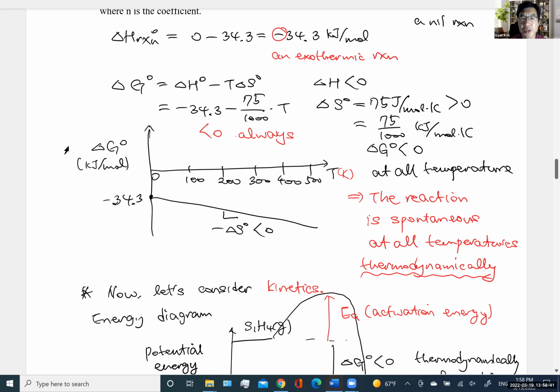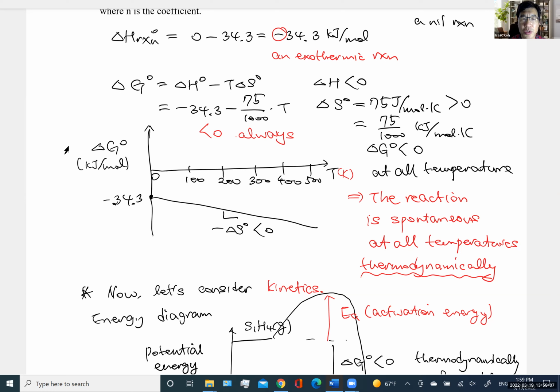Delta S, we just calculated, is 75 joules per mole K. This is positive, which is 75 divided by 1000 kilojoules per mole K, because delta H is in kilojoules per mole and delta S is in joules per mole K. It is always the case that delta S is a small value and delta H is a large value, so we need to divide by 1000 to make the units equivalent to each other.